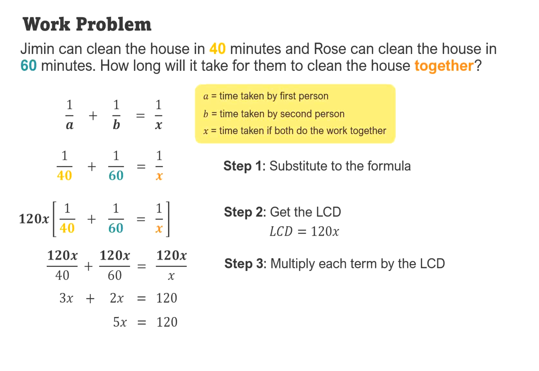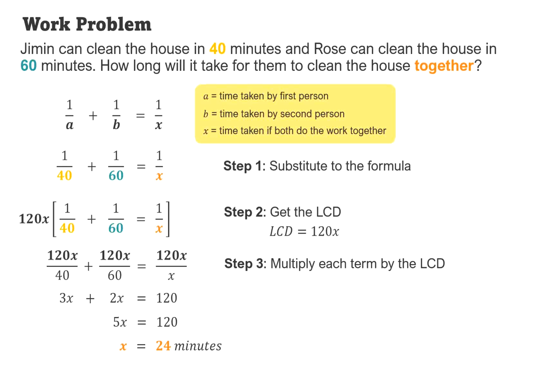And then, for us to find yung value ng x, we simply have to divide each term by 5. So, divide natin bawat isa ng 5. So, that would give us 5 divided by 5, that is 1x or simply x, and then 120 divided by 5, that would give us 24. So, therefore, if they both clean the house together, it will take them 24 minutes to finish the task.